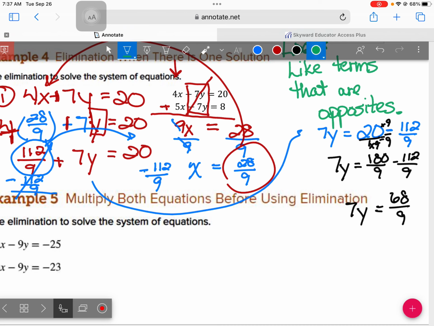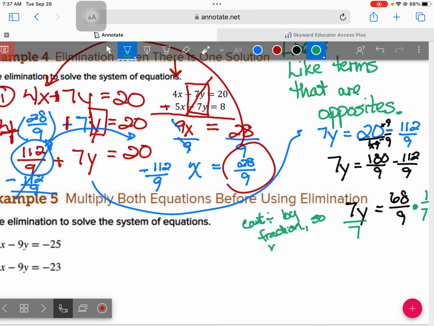What would I do at this point? Divide by 7, divide by 7, but we can't divide a fraction. So we need to multiply by its reciprocal, which is 1 over 7. Okay? So can't divide by a fraction.